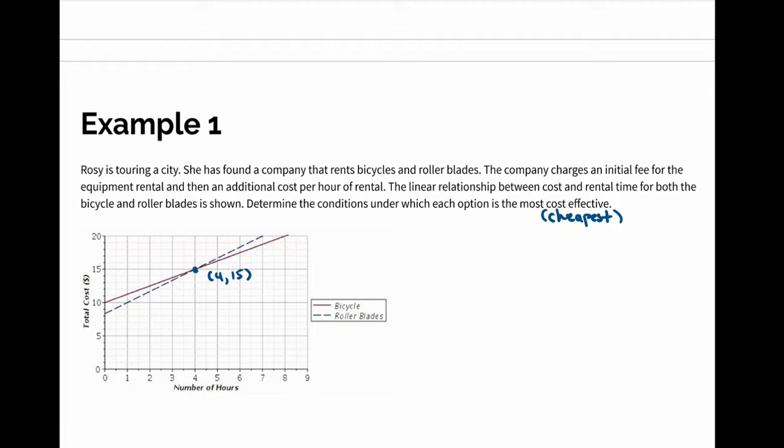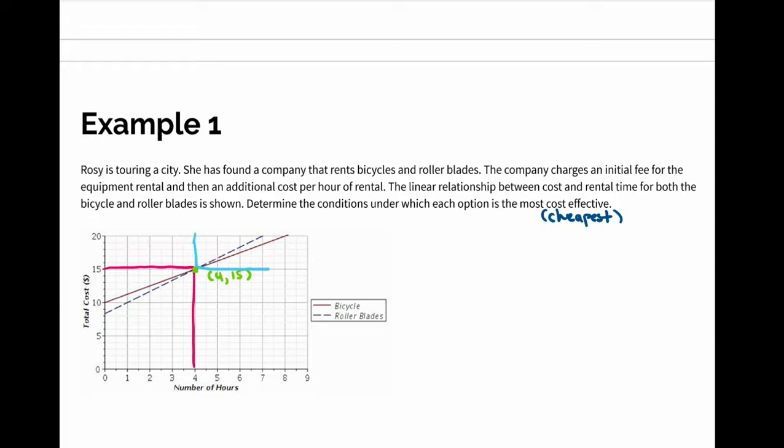So right off the bat, actually let me keep it color coded the same. So we have our green to represent our point of intersection, or our middle point. We use red to highlight anything before that, and we use blue to highlight anything after that.